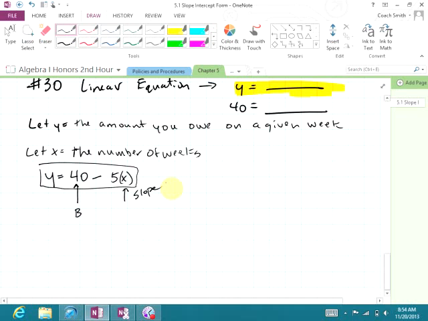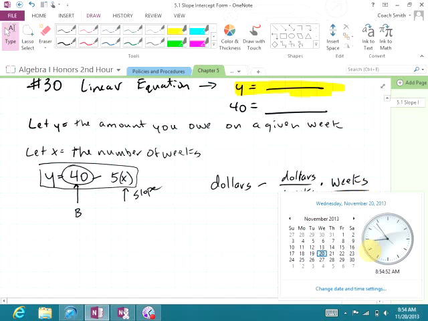Now, it basically talks about unit analysis. Unit analysis would be this: dollars minus dollars per week, or $5 per week, times the number of weeks.